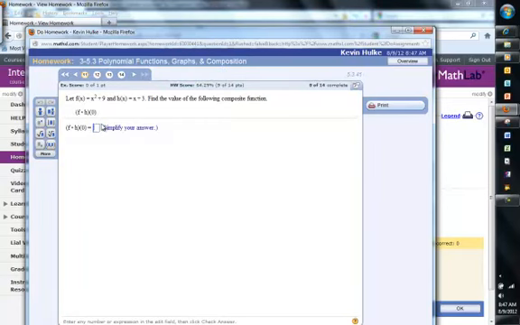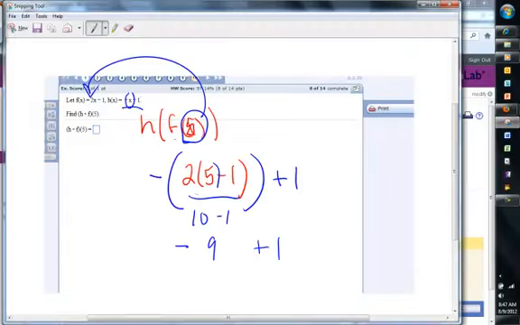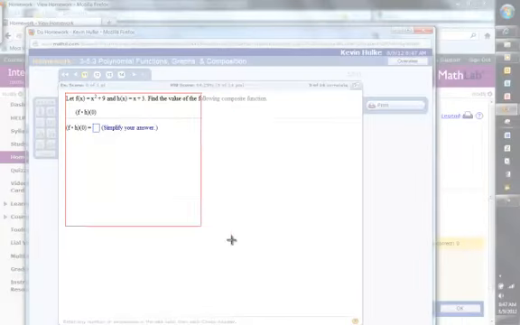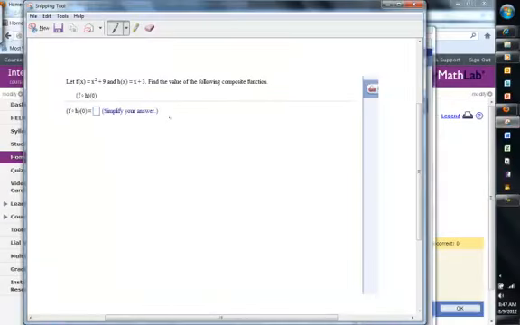Number 11. Now we're doing f of h of 0. Okay, so let's put in 0 into h. So we have 0 plus 3. This part now becomes the x of this part.